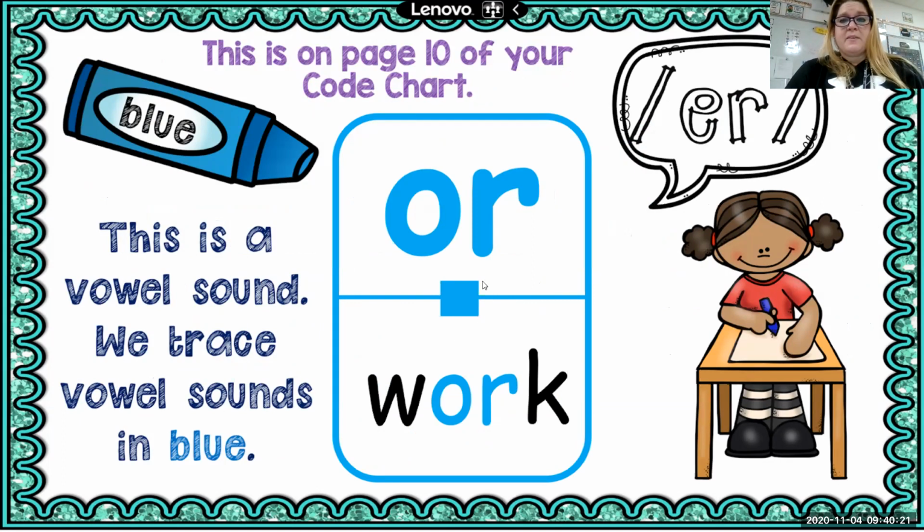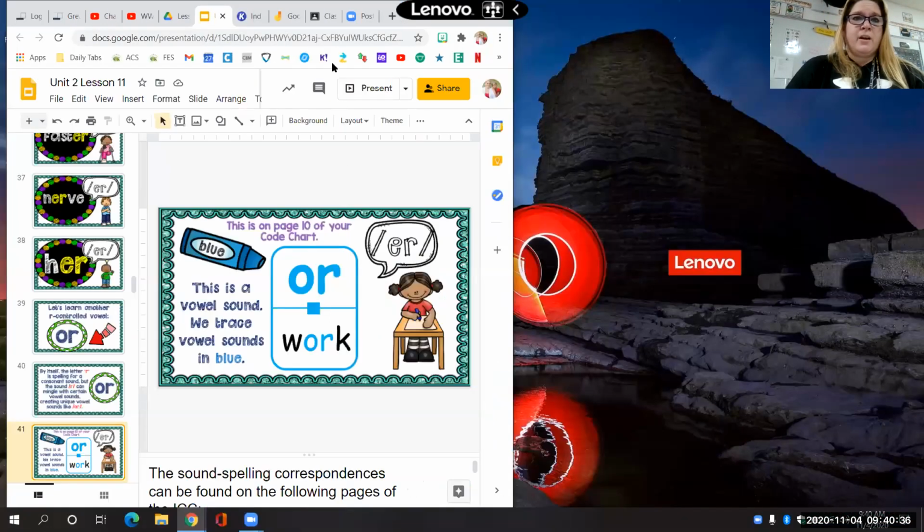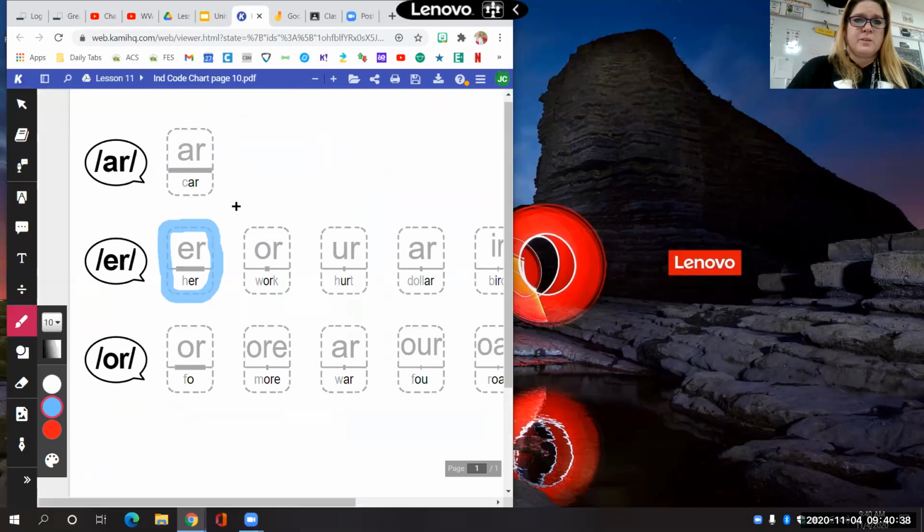It tells us that there may be other ways, mostly, to spell the sound. If it were the only spelling, it would go from one side of the card to the other, but it doesn't. So that makes me think there are other ways to do it. So here is the or, like in the word work. All right, there we go.